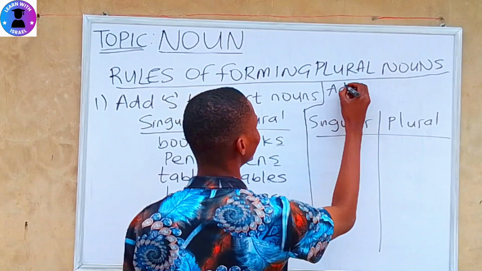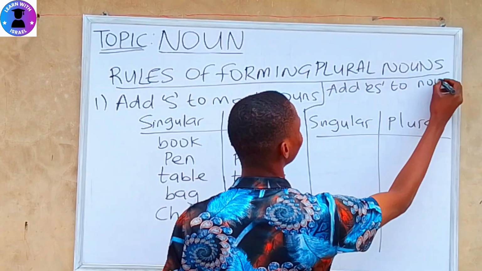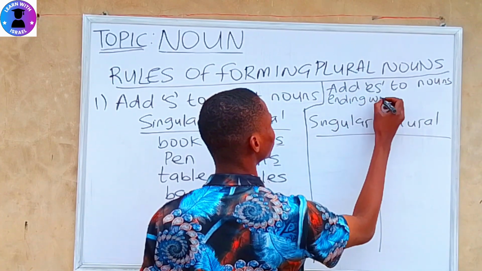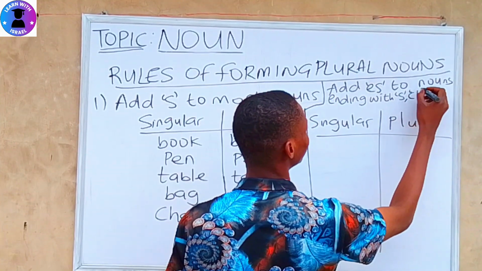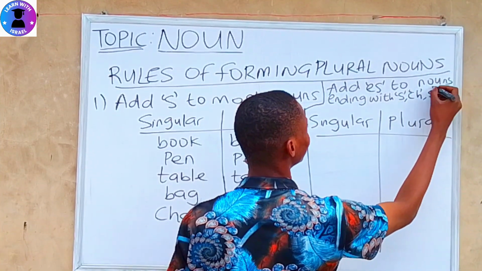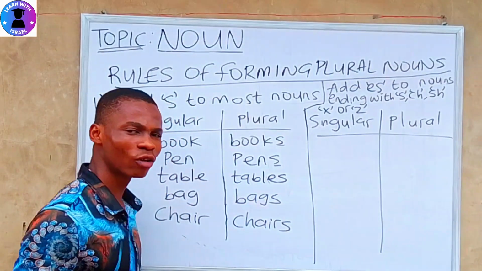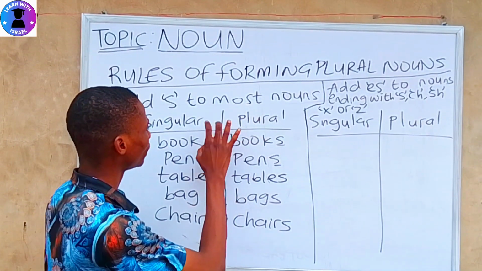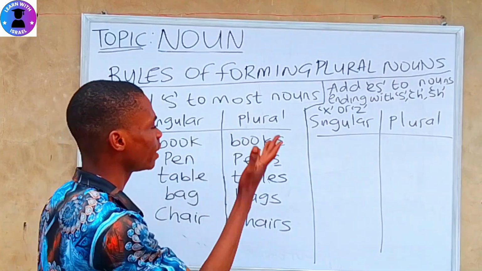So add es to nouns ending with s, ch, sh, x, or z. I said that most plurals end with s or es.